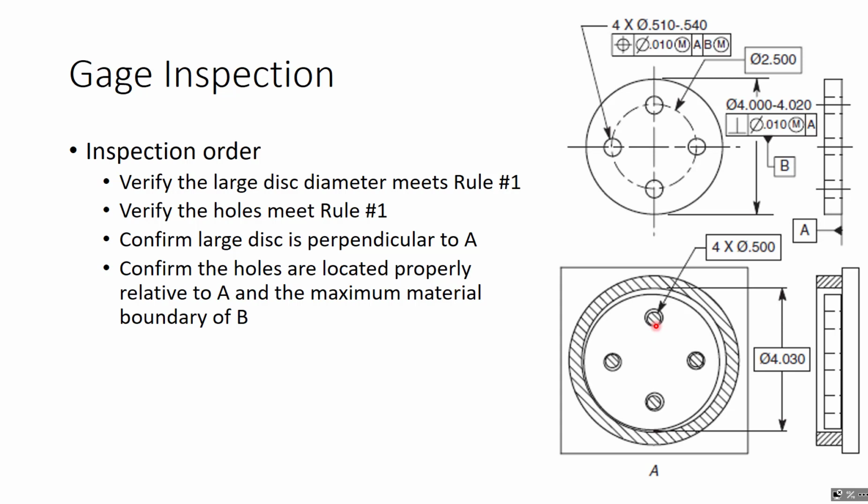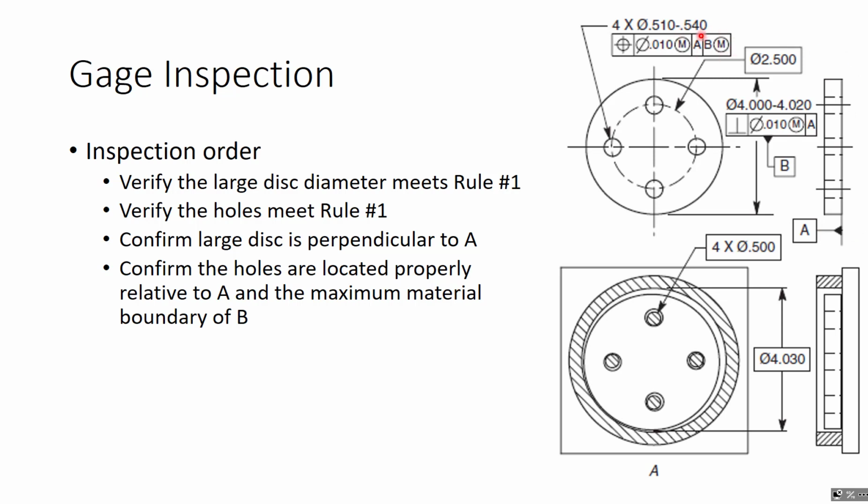larger. The max material condition on B is appropriate because B is the outside of the disc, and that's a feature of size. We can only have max material condition on datums when we have features of size. It doesn't work for A, that's just a plane. Okay.